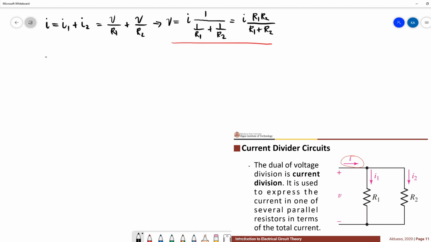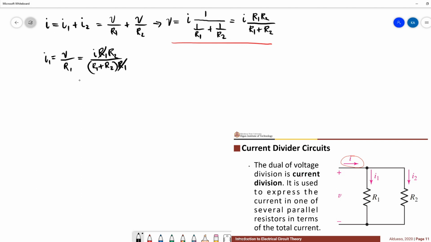Let's take a look at I1. So I1 is just V over R1. So let's use this equation to substitute V. We have I times R1 times R2 over R1 plus R2 times 1 over R1.